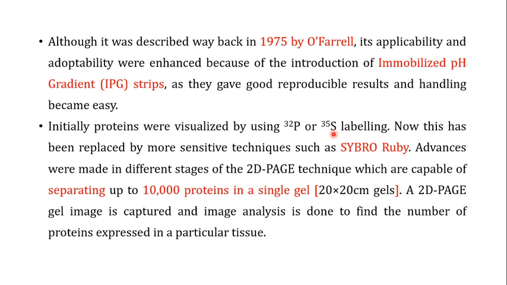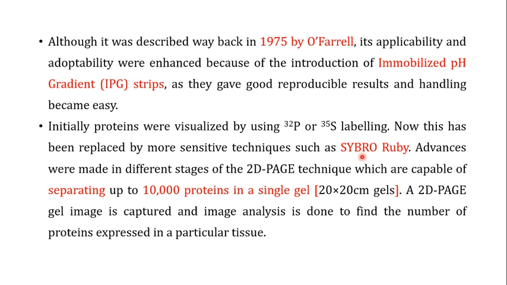So currently these radioactive isotopes have been replaced by more sensitive techniques of detection or visualization, such as SYPRO Ruby. We will discuss that in the staining videos, how you can stain your proteins after they have been separated in the 2D PAGE by SYPRO Ruby. This SYPRO Ruby is actually a fluorescent probe which can help you in visualization of the proteins.